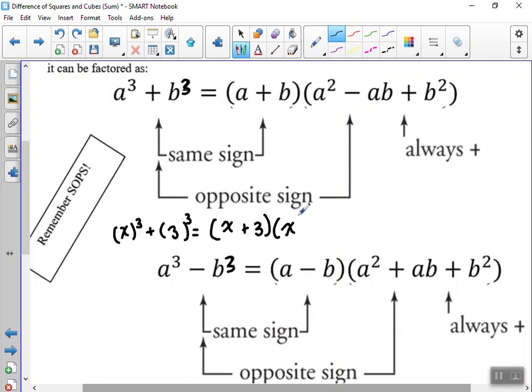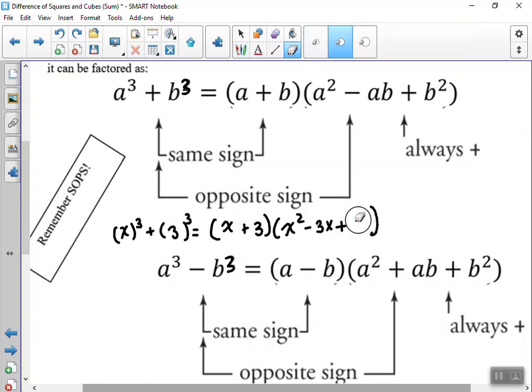X, and then don't forget to square it, minus A times B, so you do X times 3, which is 3X, plus B squared, so B is 3 squared, which is 9. Okay, so that is my answer to this problem.